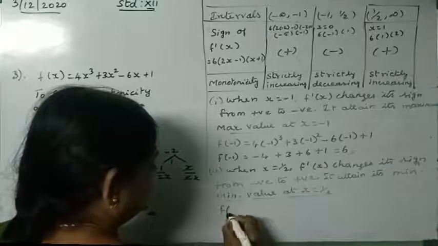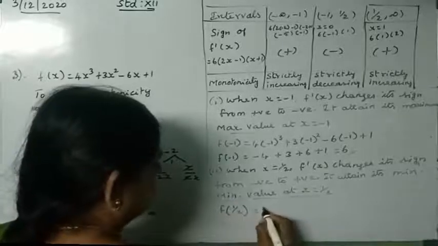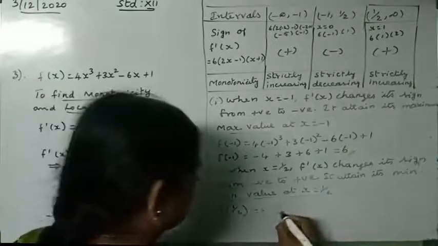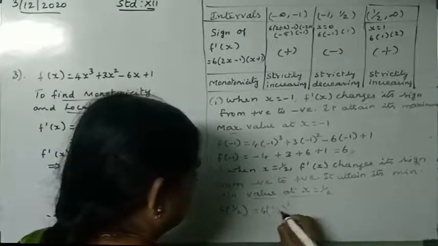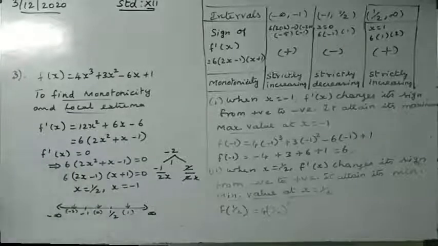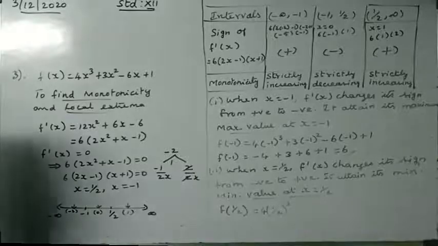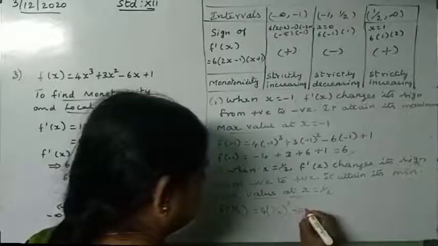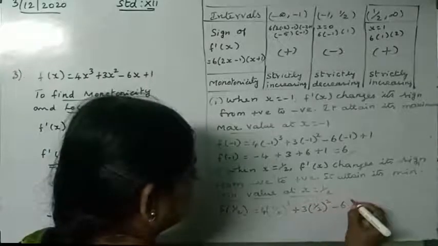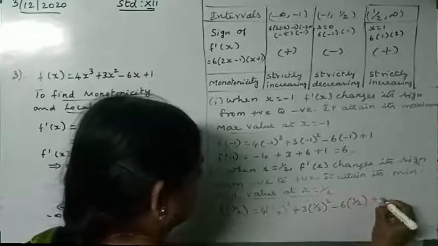So f of 1 by 2 is equal to 4 into x cube, so 1 by 2 the whole cube, plus 3 into x square, so plus 3 into 1 by 2 the whole square, minus 6 into 1 by 2 plus 1.